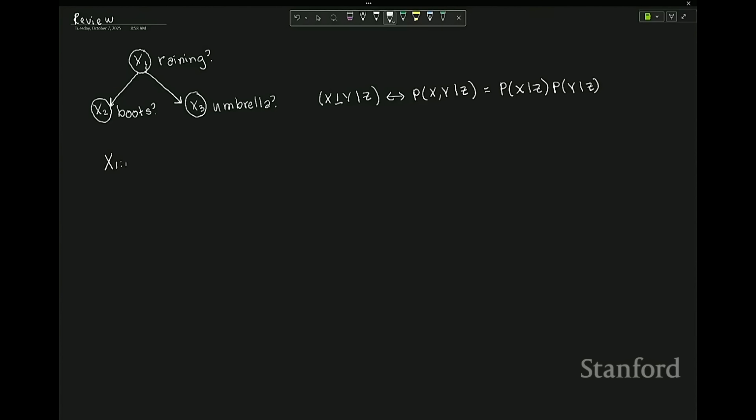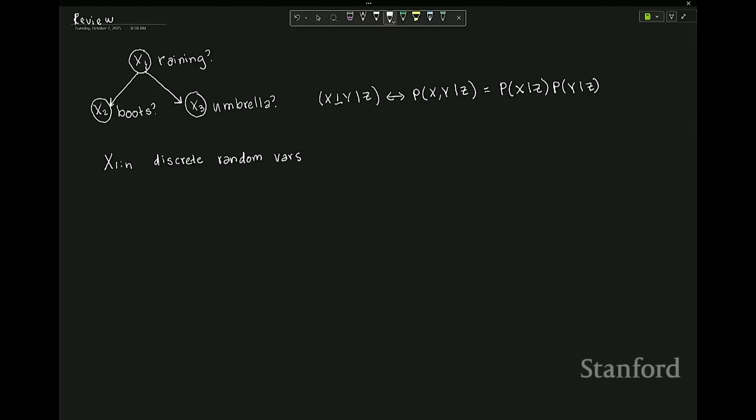Now I'm going to give you a bit of notation that we'll be using throughout the lecture, and then we'll get into the new material. First, we have x from 1 to n, and these are our discrete random variables in the Bayesian network. So here, in this example, n would be 3.